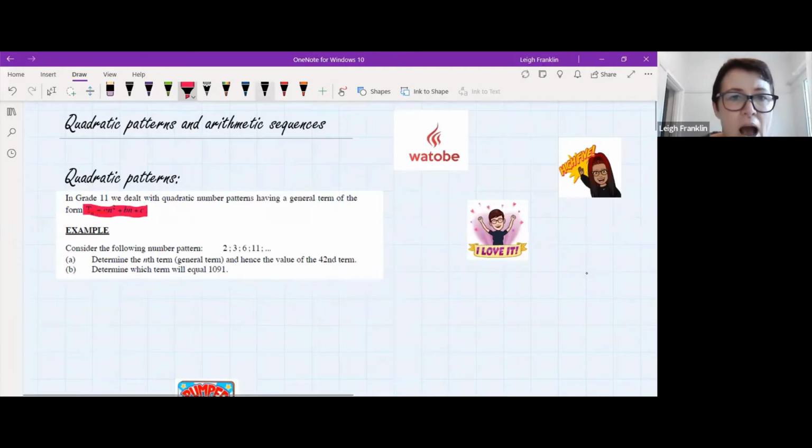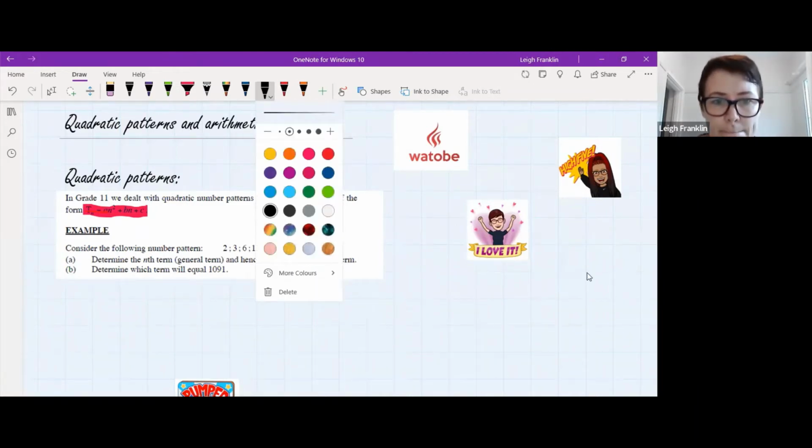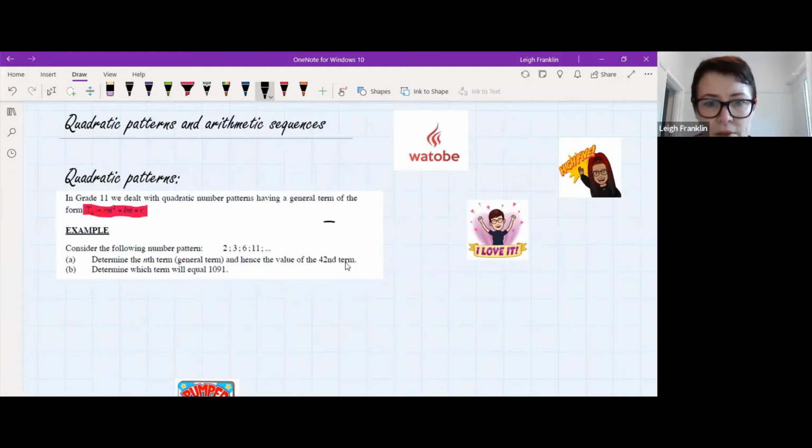All right. In this example, they have asked us to consider the following number pattern. So it goes 2, 3, 6, 11. In other words, term 1 of the pattern is 2, term 2 is 3, etc., etc. What they want us to do in the first question is to determine the nth term or the general term in the form tn equals an squared plus bn plus c, and hence the value of the 42nd term.